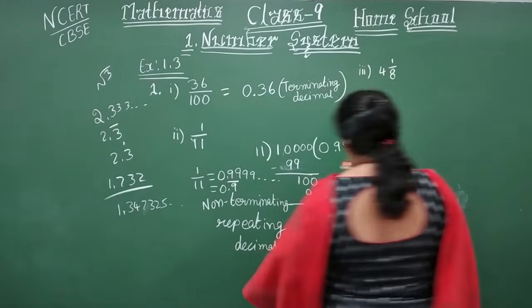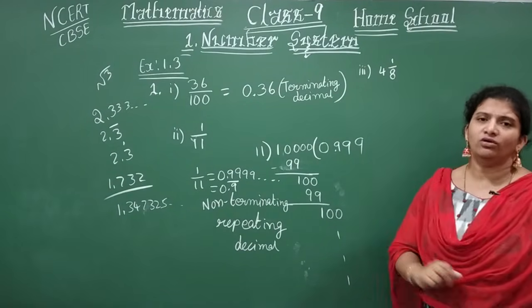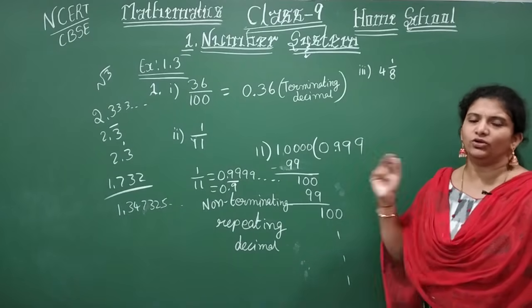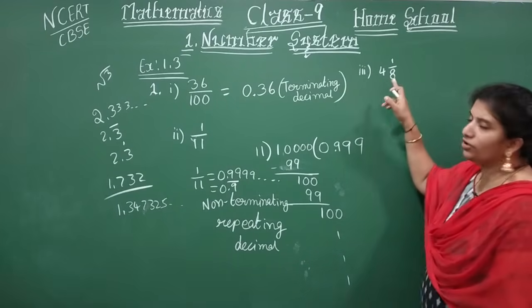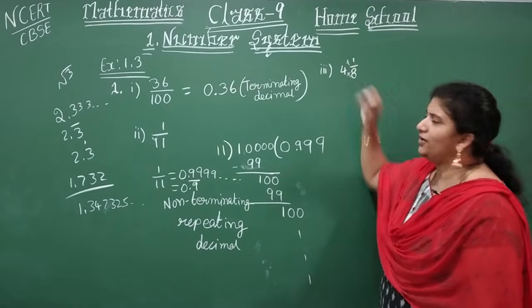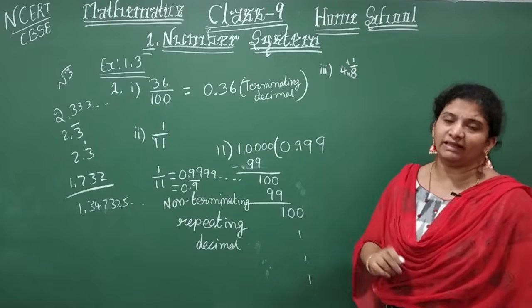The third one is in the form of a mixed fraction. For a mixed fraction, what do we need to do? First, convert into an improper fraction. Then you can divide. So how do you convert here, children? First multiply these two, then add. 8 fours are 32. 32 plus 1 will be 33.